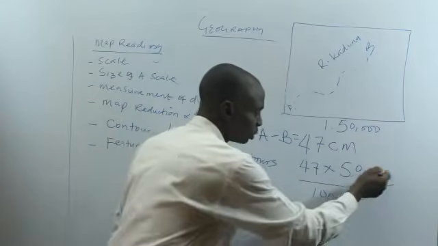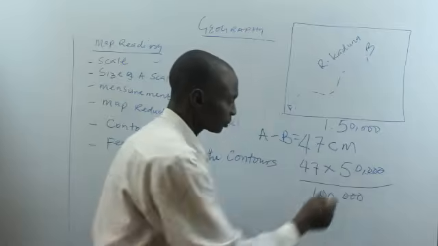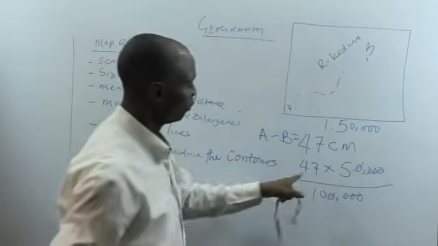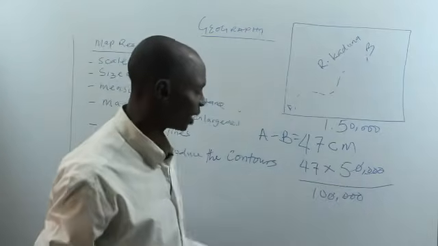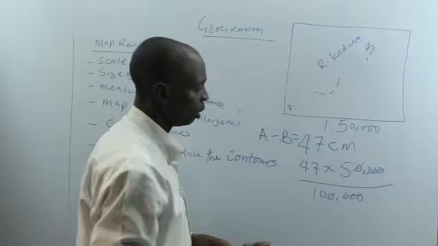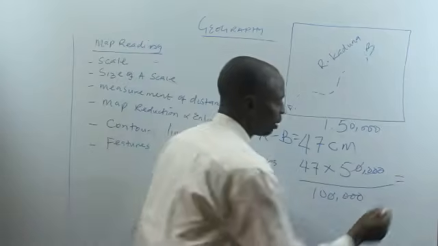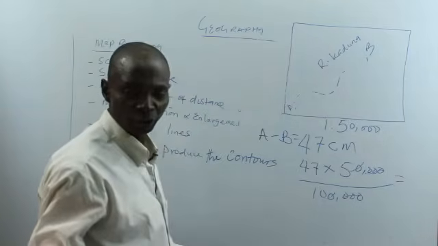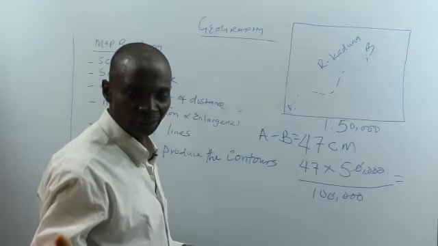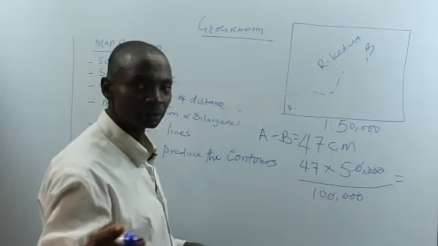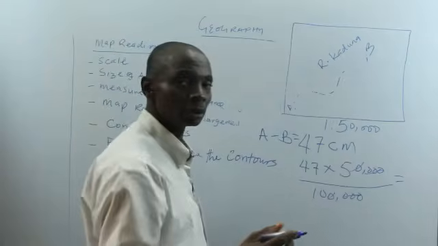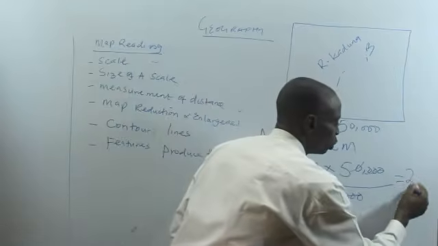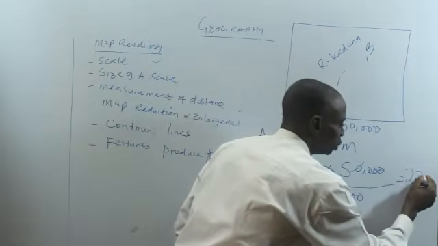What will it give us? This one will go like this. 47 multiplied by 5 is what? 47 multiplied by 5 is what? Nobody? You don't have a calculator? 47 multiplied by 5. 235.